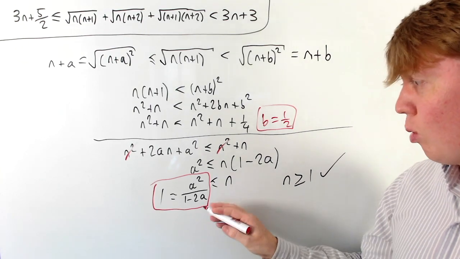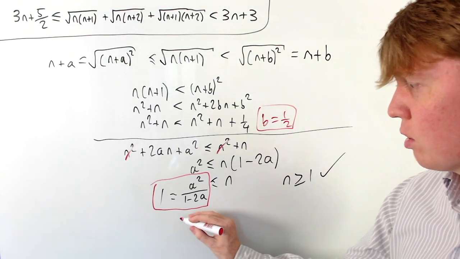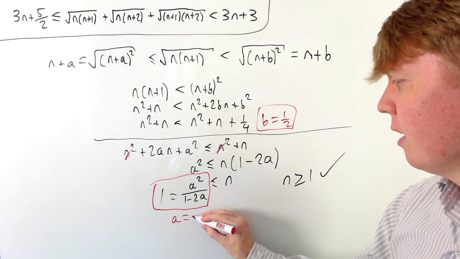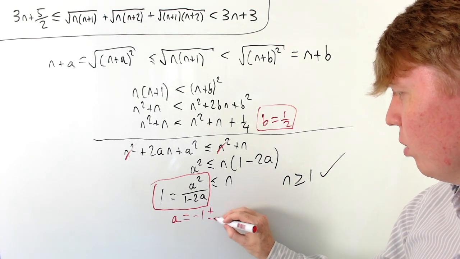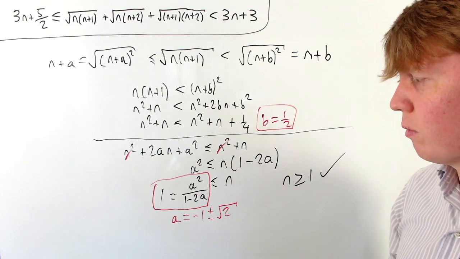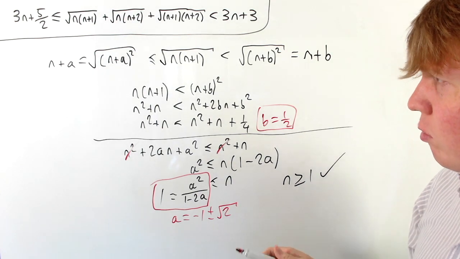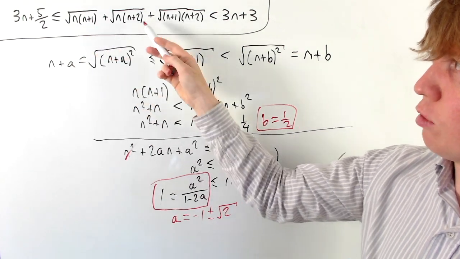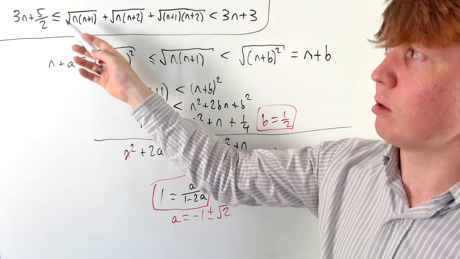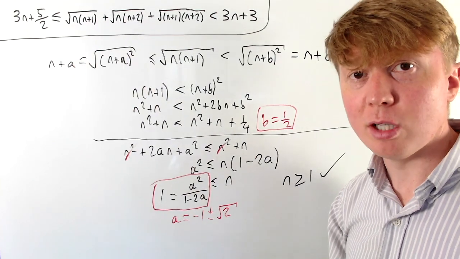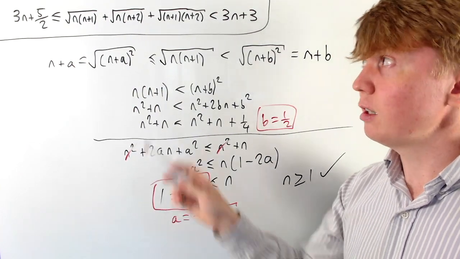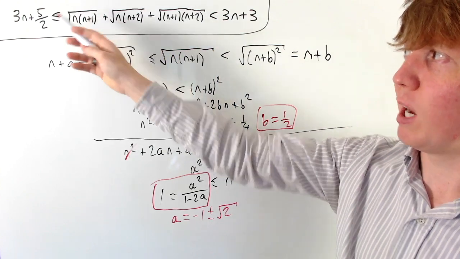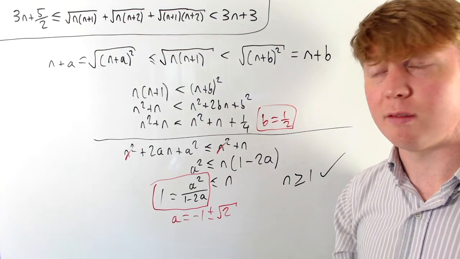Well, this is just a quadratic which we can solve for a. I'll skip some of the steps here, but you'd get a equals negative 1 plus or minus the square root of 2. And for our lower bound, remember we're trying to get something like n + a, and then when we add together our other two lower bounds, we want to get something maybe slightly bigger than (3n + 5)/2 to show that the sum of square roots term here is bounded from below by (3n + 5)/2.